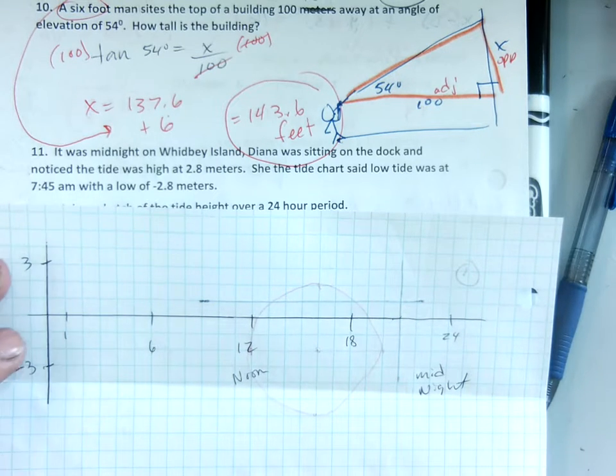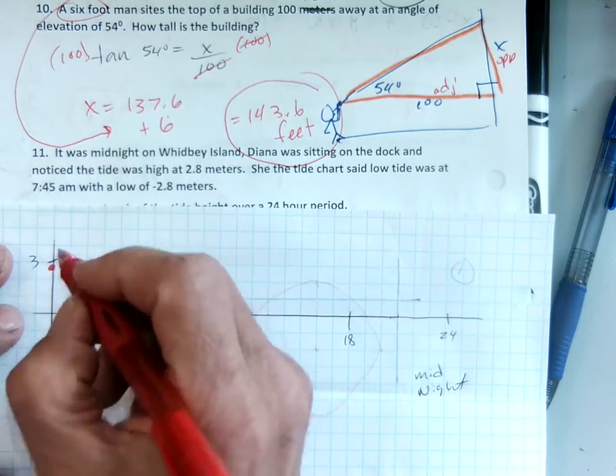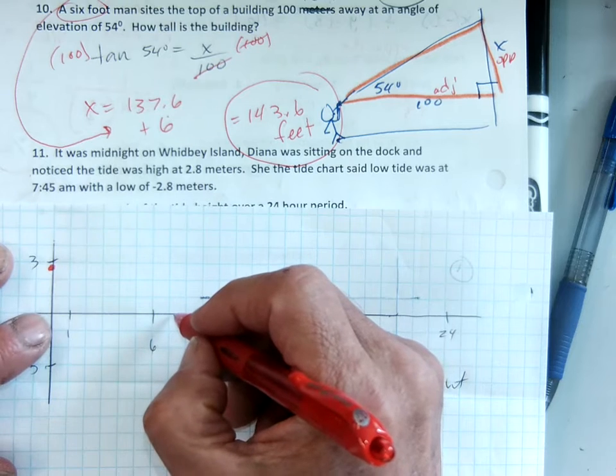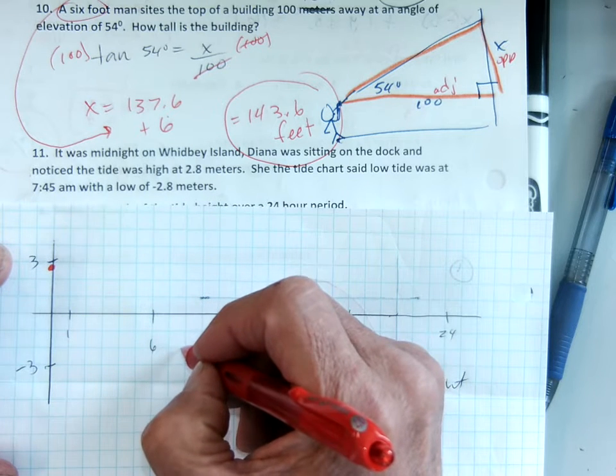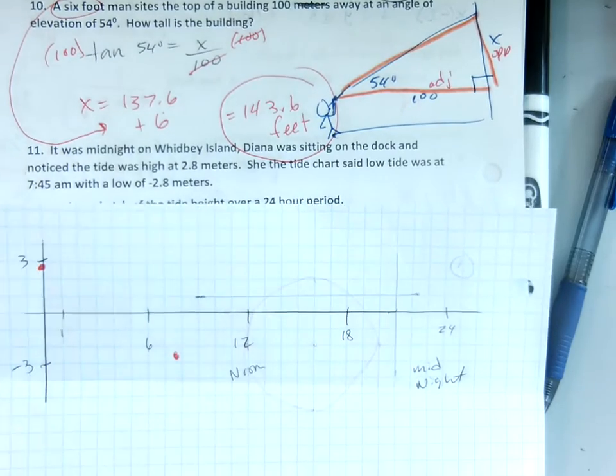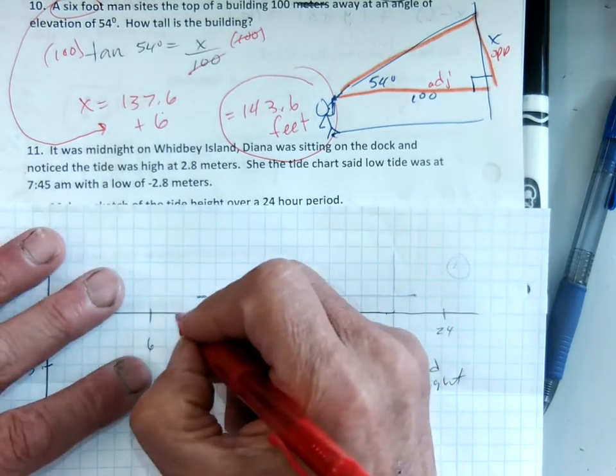So I'm going to put a dot at high tide at 7:45, about there. That's 7:45.